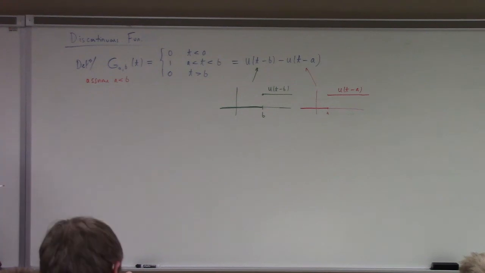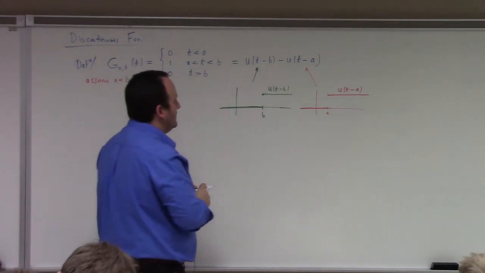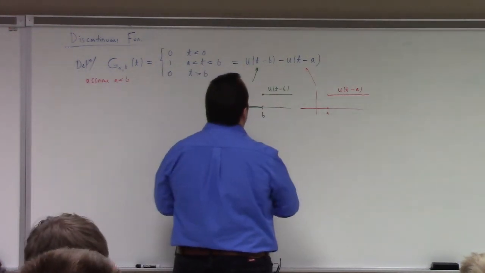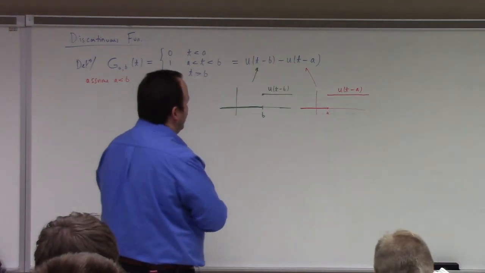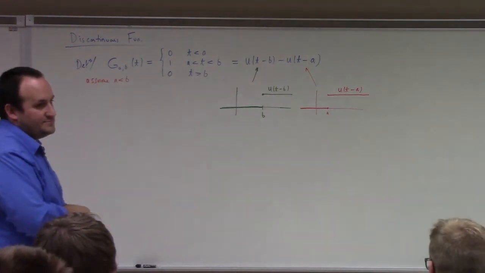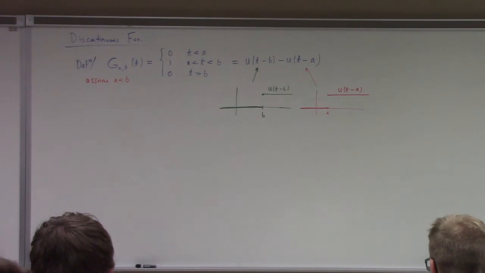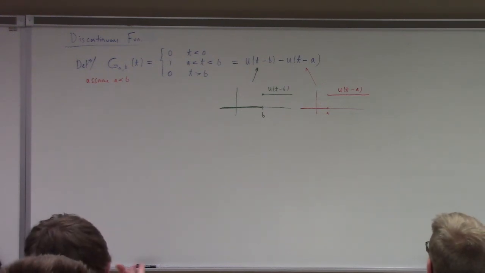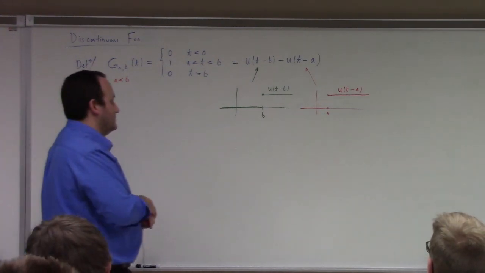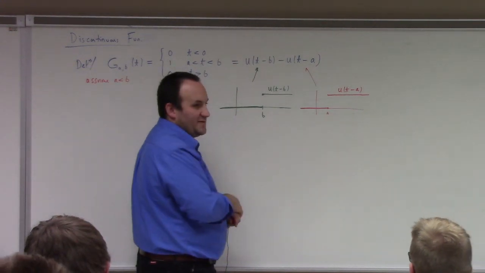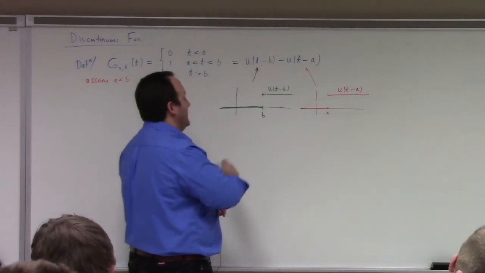So what happens when you take the difference? Oh, you see already that I made my formula wrong, right? My formula's wrong. Because I've drawn these graphs, I'm committed to doing this.